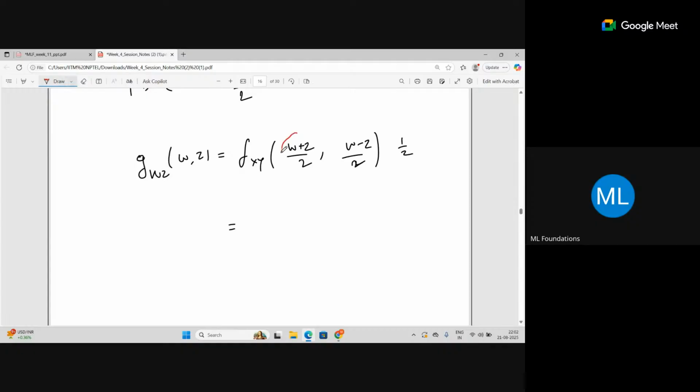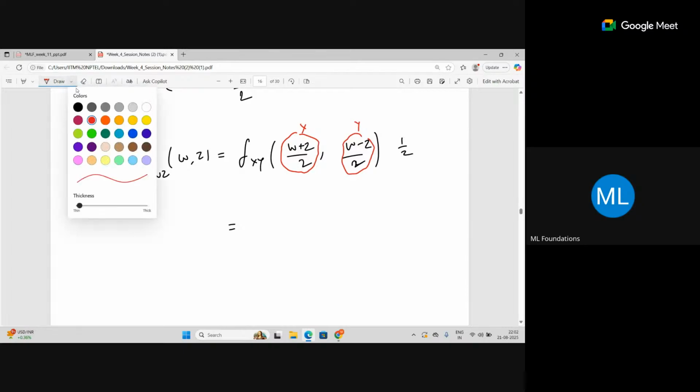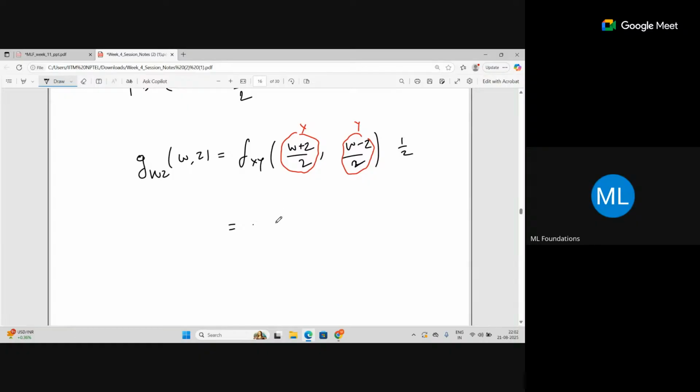So my joint density is a function of x only, free from y. So instead of x, I'll write w plus z by 2, times half.